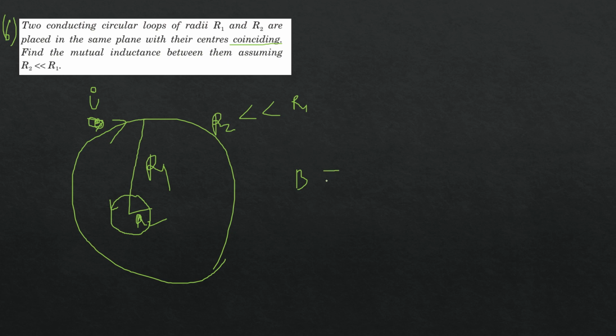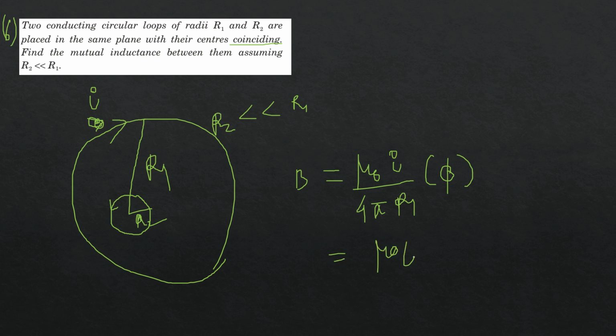If I write the original formula, mu naught I divided by 4 pi r1, the radius is r1, into phi. What is phi? This is not flux. I'm just writing the angle that the loop makes at the center of the curve. Here it is making 2 pi, isn't it? So I will put that 2 pi here.